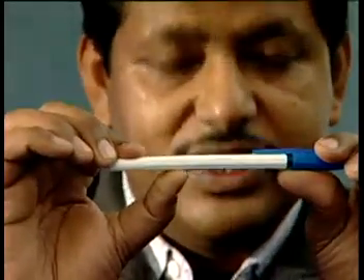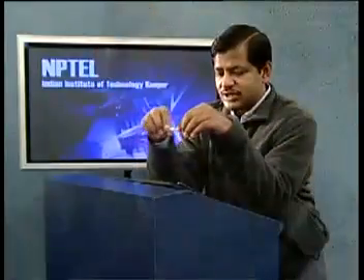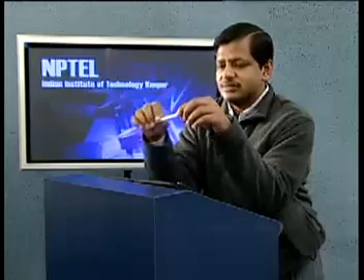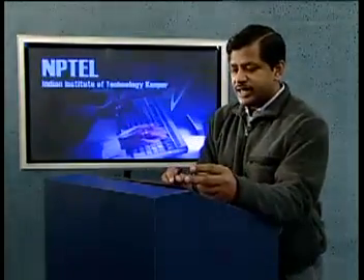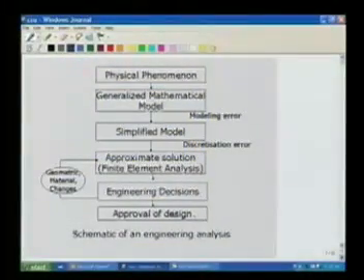It is unsafe. In that case, I will have to either change the material that I have used in the wing, or I will have to reinforce the material inside the wing. That is, I have to add stiffeners inside the wing. After I have done all those things, then I will look at my final design and decide as a designer and as an analyst whether this design is acceptable.